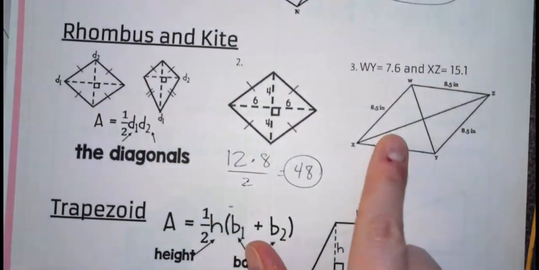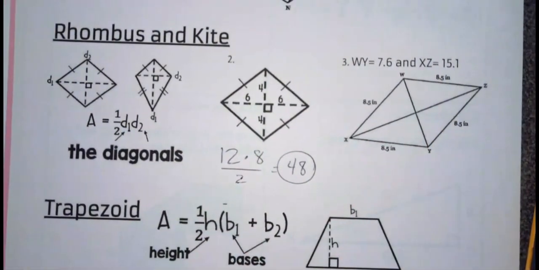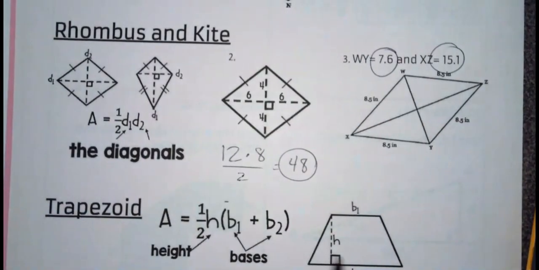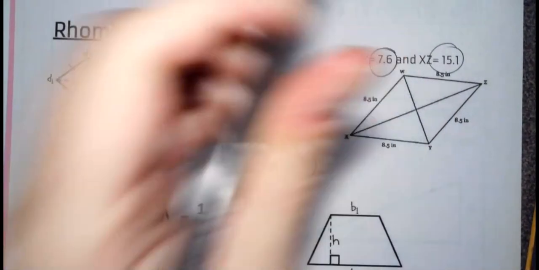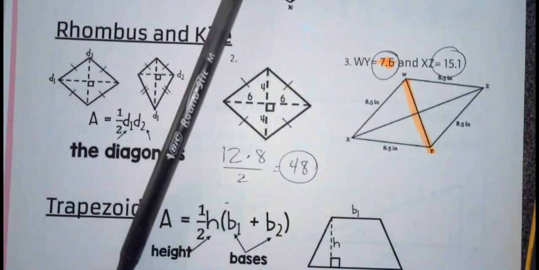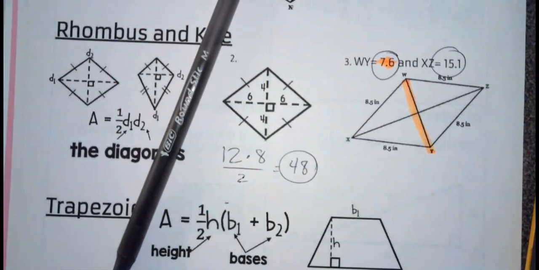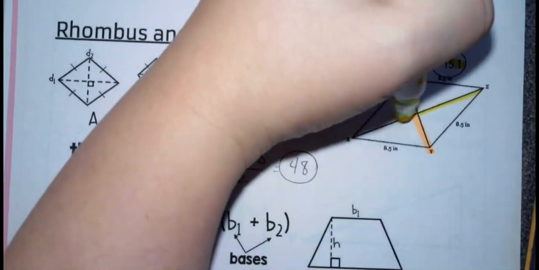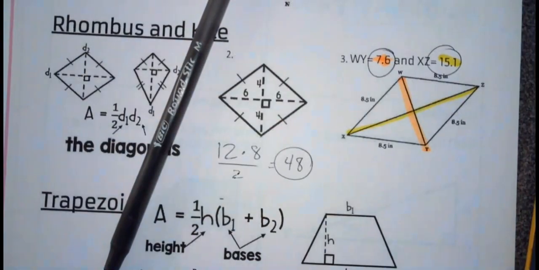All right, what if it gives you a problem like this and you're like, oh, why are there so many numbers out here on the outside? All the sides are the same. What that shows you is that it is a rhombus. But what you actually need are these 2. You have been given WY, which is 7.6. So this one is 7.6. If you want to point to that, if you don't have a highlighter, that's fine. 15.1 is going to be that one.